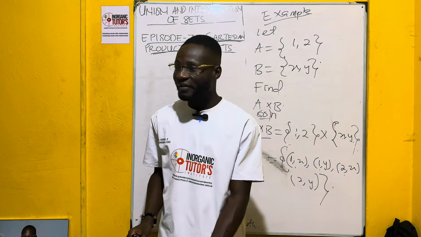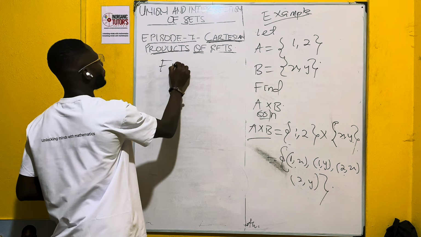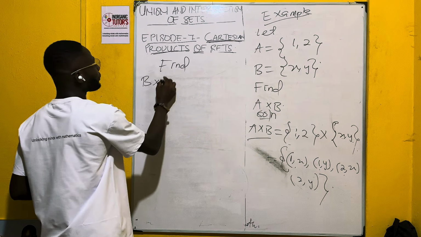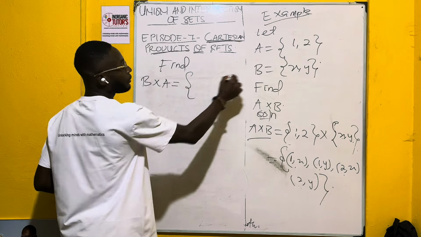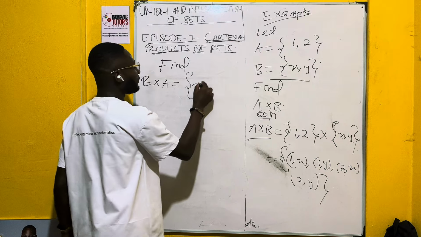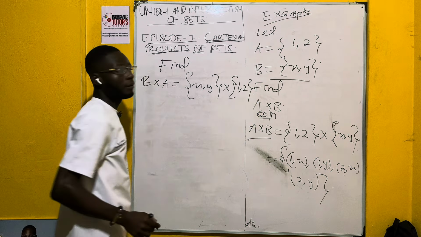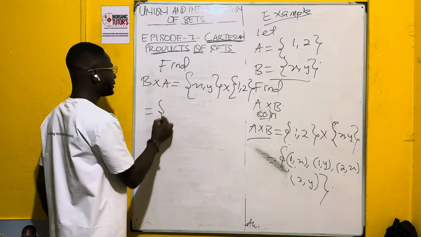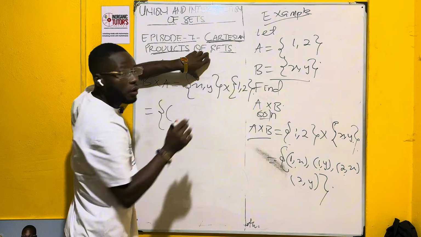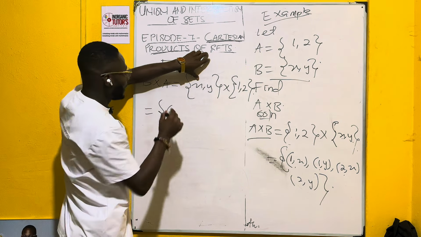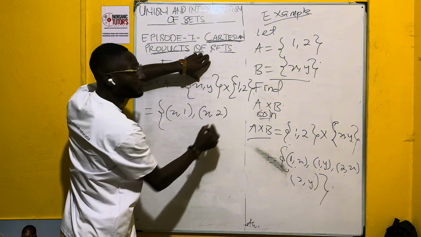Now, let's reverse the order and say that we are going to find B cross A. That means that we are going to bring B first. So we have {X, Y} cross {1, 2}. We fix x, then pair with all the elements in set A. So we fix x, pair with 1, fix x, pair with 2.